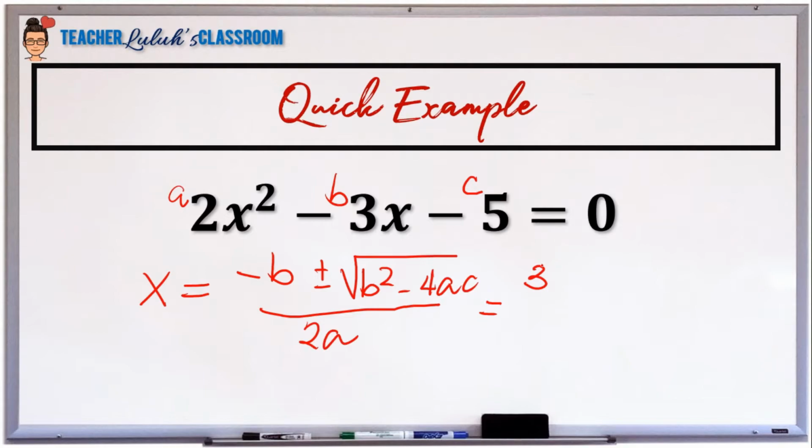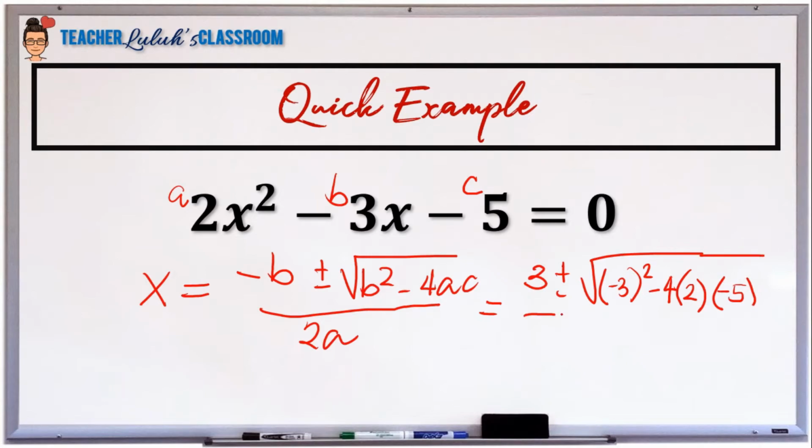Negate means changing the sign. And then plus minus the square root of b squared, so that's negative 3 squared minus 4 times a, which is 2, times c, which is negative 5. Okay, so all over 2a, so that's 2 times 2, which is 4.